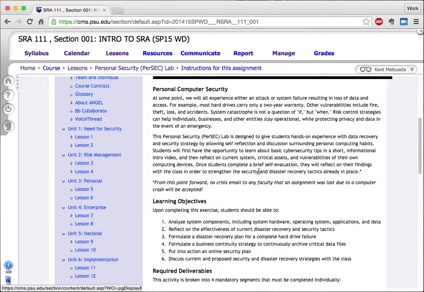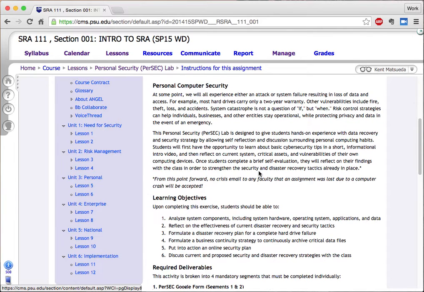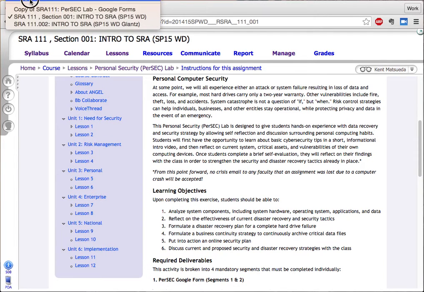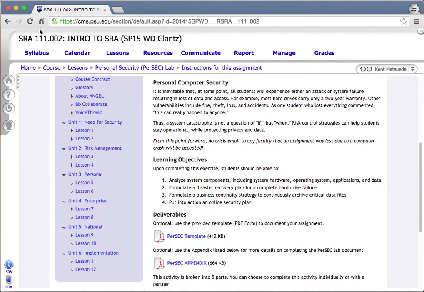Megan, maybe you want to start off and talk about the differences and similarities. Sure. So in the original PerSec Lab that was created by Ed Glantz, which is awesome to begin with, I noticed it was really internal to the class.